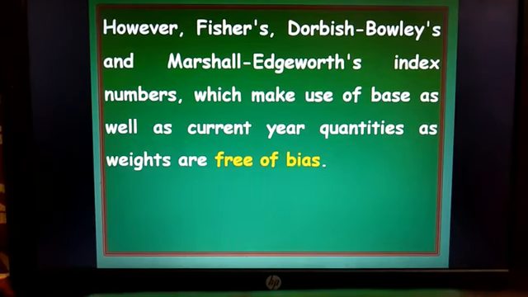So to put in total, Laspeyres index number is having upward bias, Paasche index number is having downward bias, and Fisher's, Dorbish-Bowley's, Marshall-Edgeworth's index numbers are having no bias, or they are unbiased.